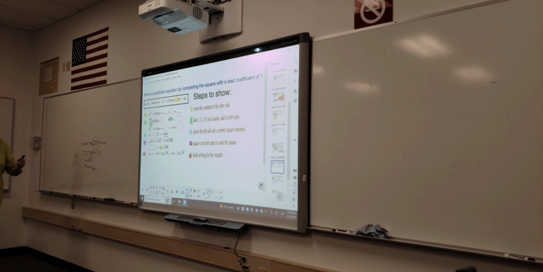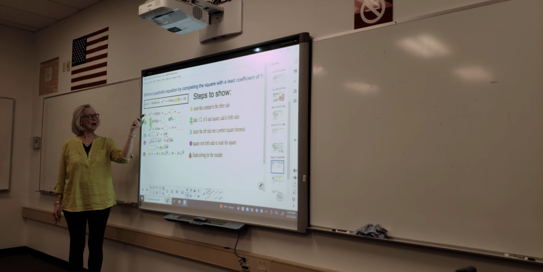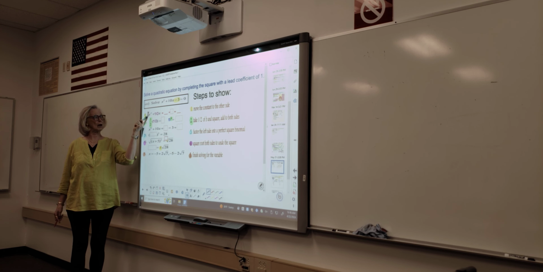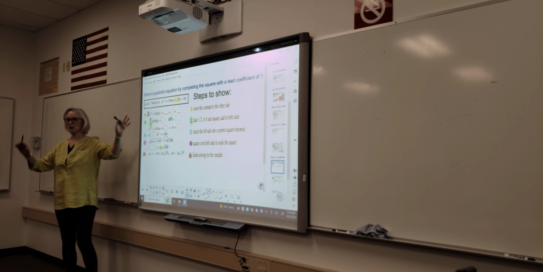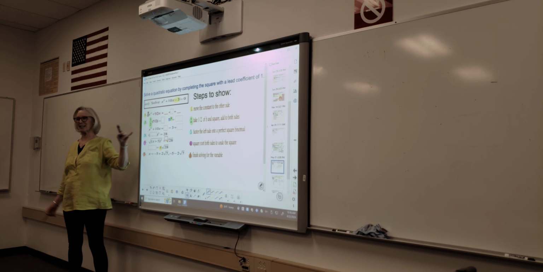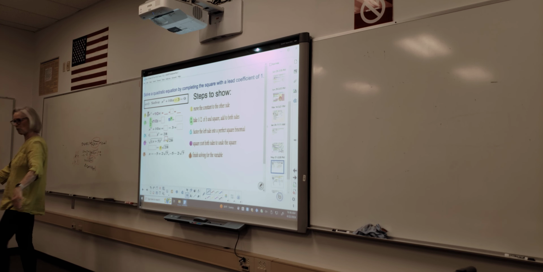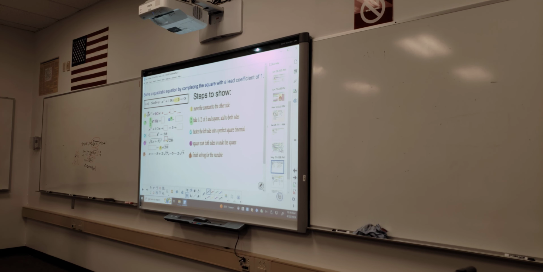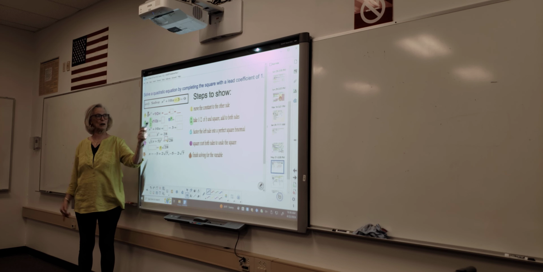So step number 1, I checked to see if I had a 1 in front. I do. Remember how I told you with my class, I used to make them put slashes on the left side and right side, going back to when I used to teach in Illinois. I want you to make extra room for our new binomial squared that we're going to make.